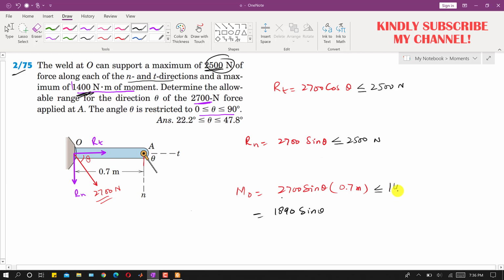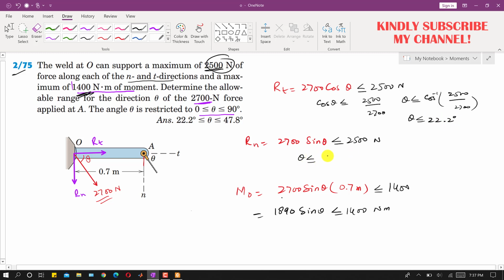So now if you want to find this theta, cos of theta must be less than 2500 divided by 2700, and if we take cos inverse, that will give us theta for this condition. So theta must be less than cos inverse 2500 divided by 2700, right? Let me find this. This comes out to be 22.2 degrees.